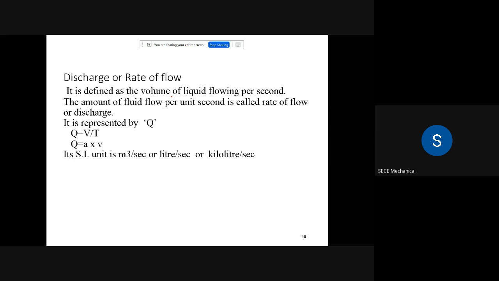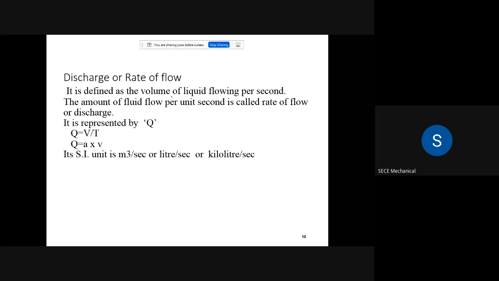What is discharge? It is the volume of liquid flowing per second. If you have a pump, what is the discharge rate at the outlet of the pump, or the rate of flow? Generally it is defined as the quantity of fluid flowing per second through a section of a pipe or channel. ஒரு pipe or section of channel குள்ள what will be the flowing fluid per second, that is considered the rate of flow or discharge.